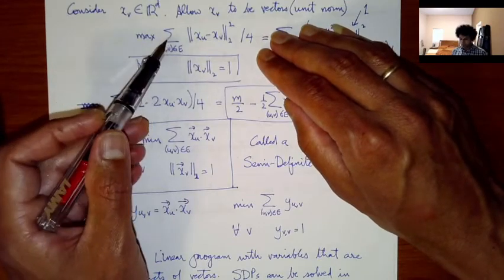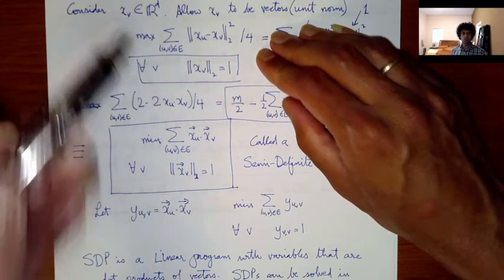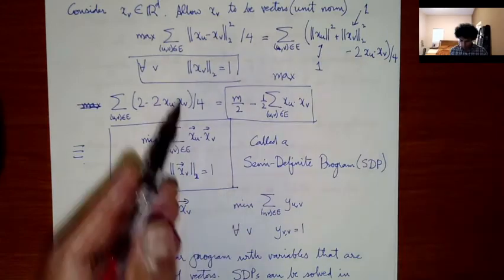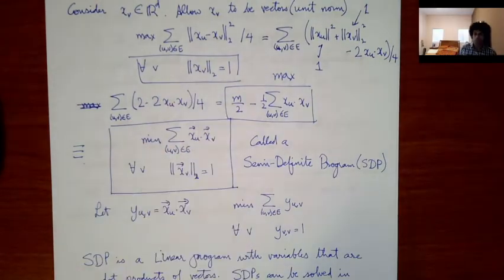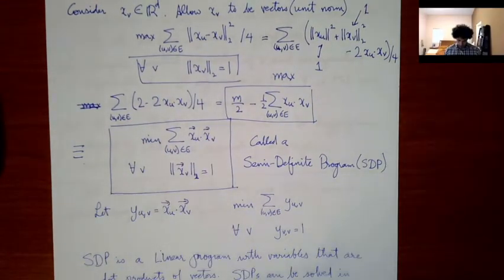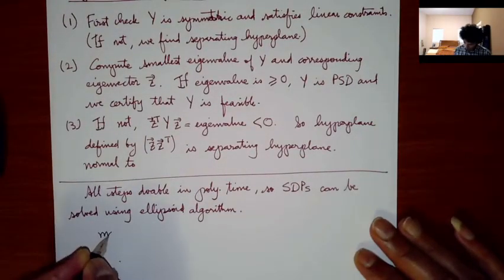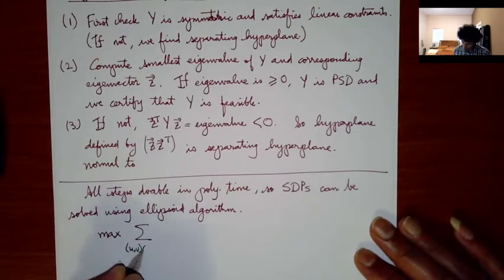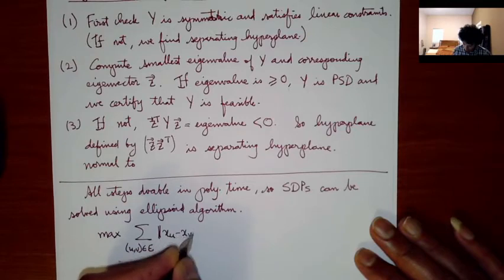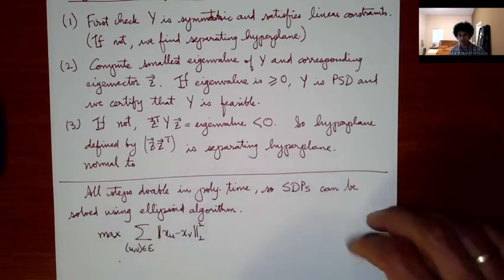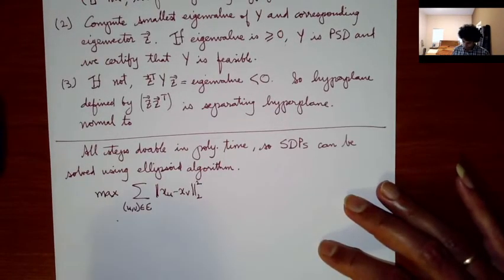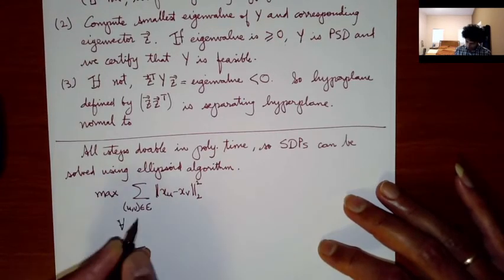I'm going to write this down once more: we're maximizing the sum over all edges uv in E of the squared distance ||xu - xv||², subject to ||xv||₂ = 1 for all v.